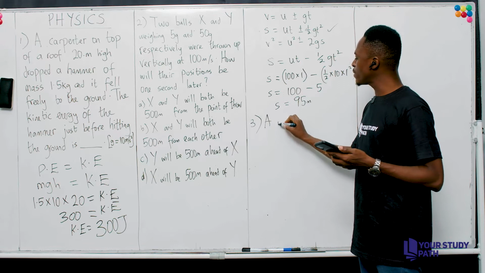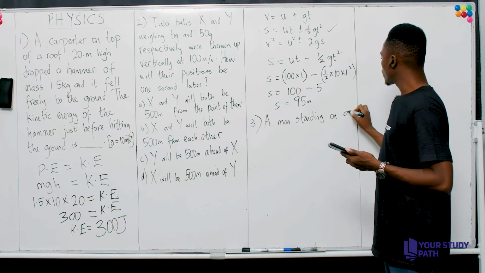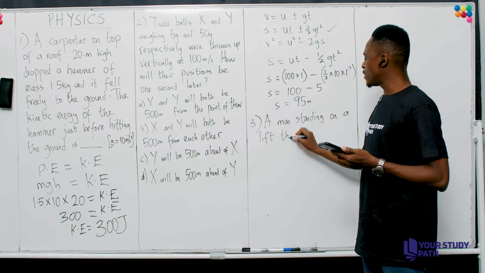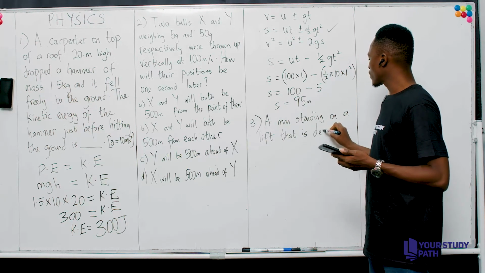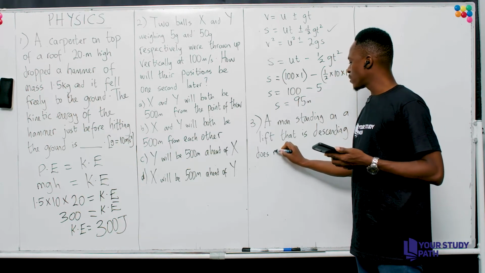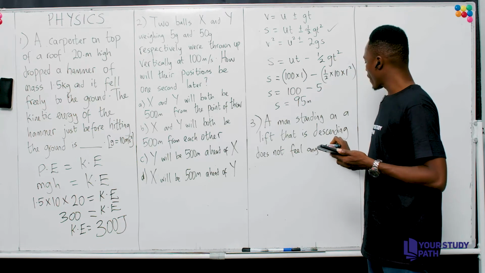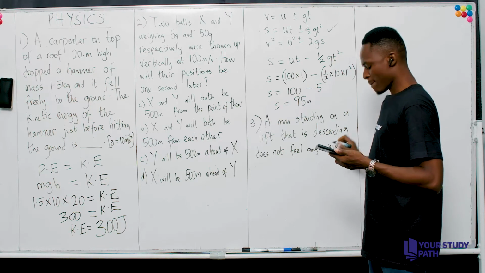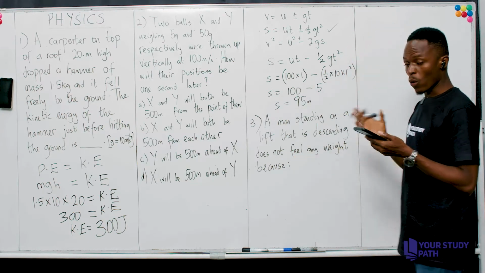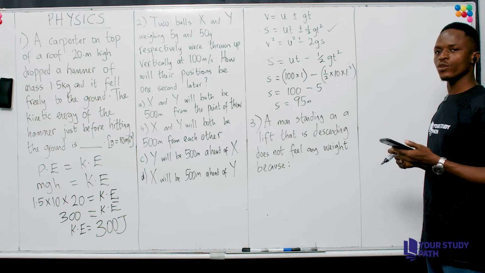We are told that a man standing on a lift that is descending does not feel any weight because... What would be the reason why a man standing on a lift that is actually descending would not feel any weight?